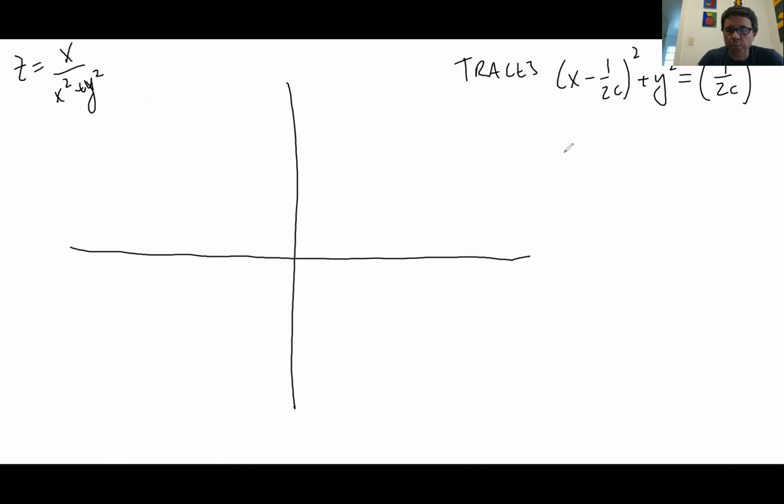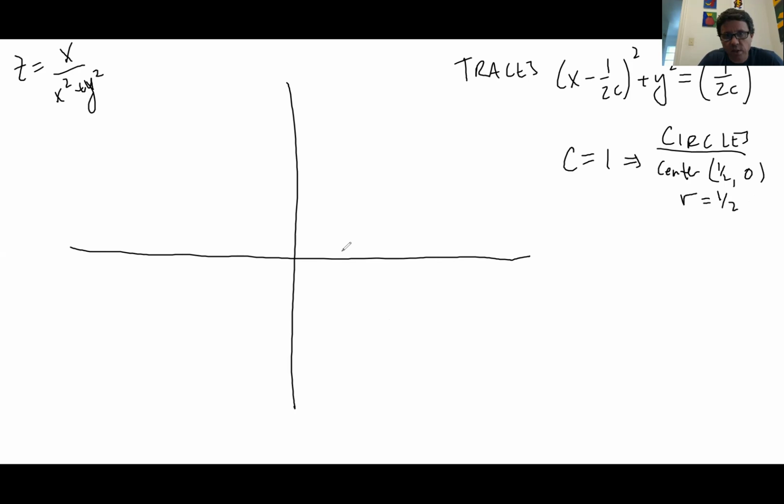So, for example, if c is 1, then these are all going to be circles where the center is at (1/2, 0) and the radius is 1/2. So we can draw that. Draw a circle that is centered at (1/2, 0), and radius a half.